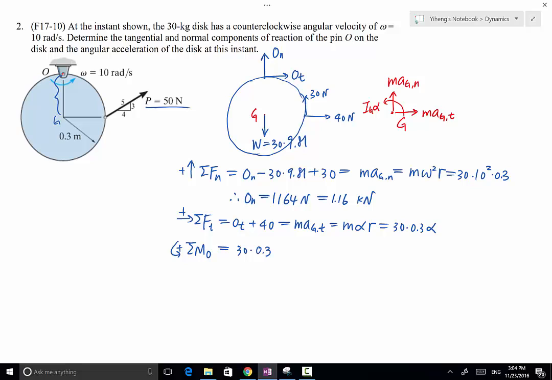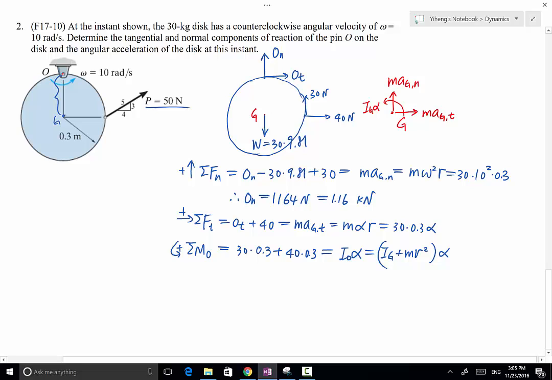It's also creating counterclockwise rotation with a moment arm also 0.3. And on the right hand side, this equals I_O alpha, which is I_G plus m r squared alpha using the parallel axis theorem.